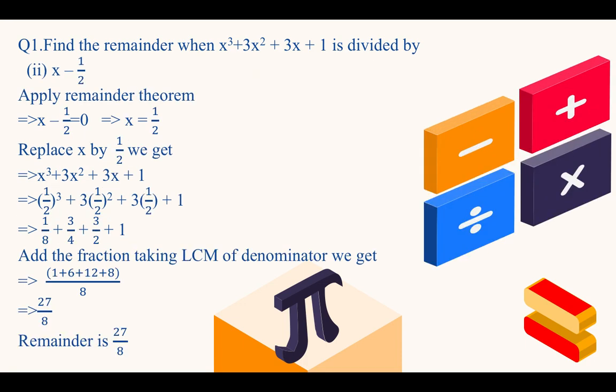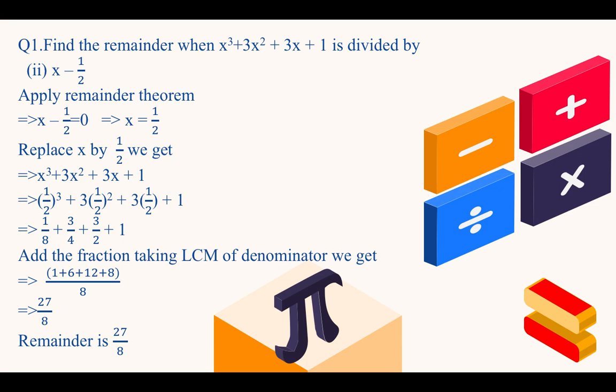Now the second part, x minus 1 by 2. So again we'll do same. We'll apply the remainder theorem and we'll write x minus 1 by 2 is equal to 0. So this implies that x is equal to 1 by 2. You transpose the terms. So minus sign becomes plus. So it is x is equal to plus 1 by 2.